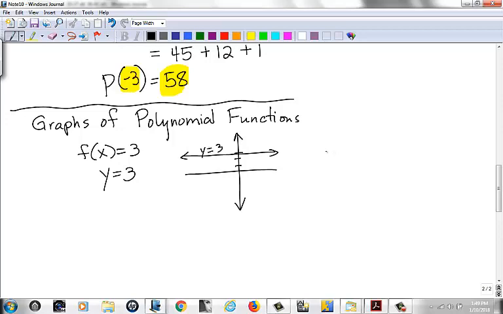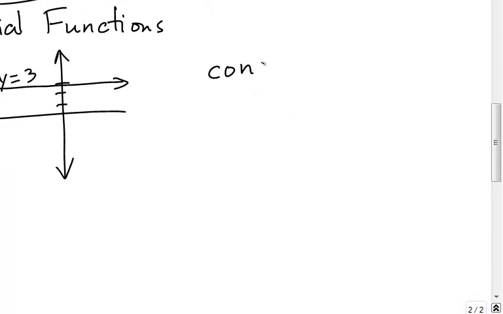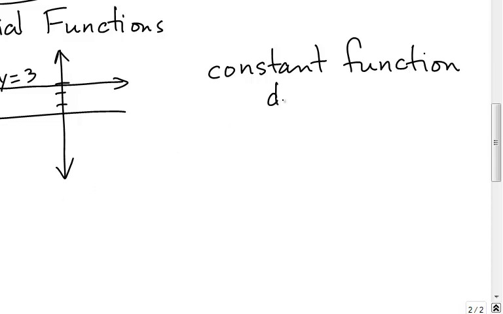Okay. And that is called a constant function. F of x equals a number is a constant function. The degree, if there is no x there, so it's really like x to the 0. So the degree is 0. Okay.